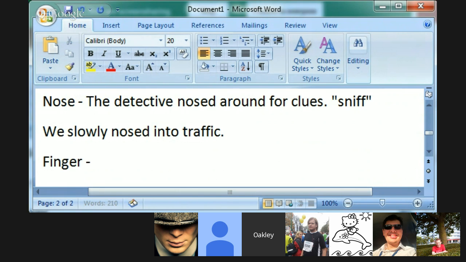Finger. Okay. Can finger be used as a verb, Eric? Yes, I think so. Similar to touch. Kind of. Yeah. All right. Can you give me a sentence to illustrate as an example?